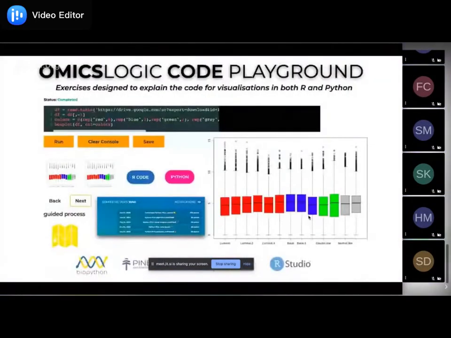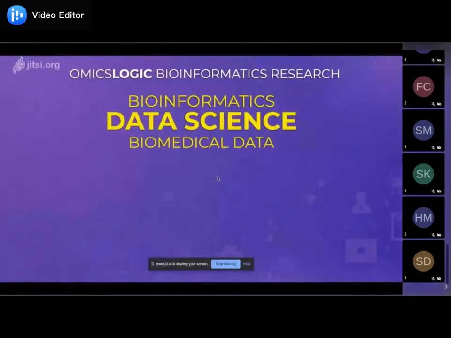So CodePlay, this third platform that we are launching this month, is for Python and R. You can just put in the code, every help is there, and you can run it from within that and generate visualizations.